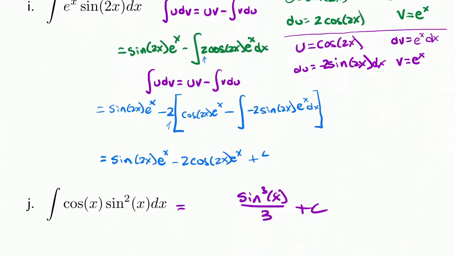No, not plus, minus 4 sine 2x e to the x. There we go, I think I've got everything accounted for. Let me double check my negatives. That's what makes me a little worried, is I've got negative 2 times this.